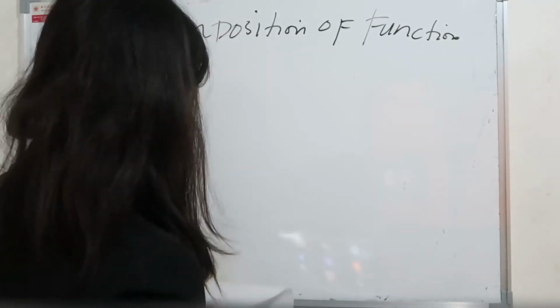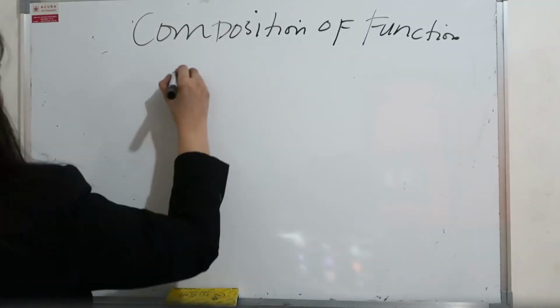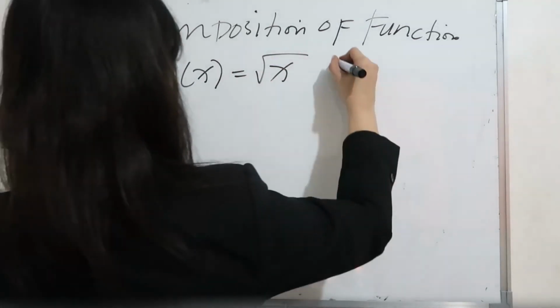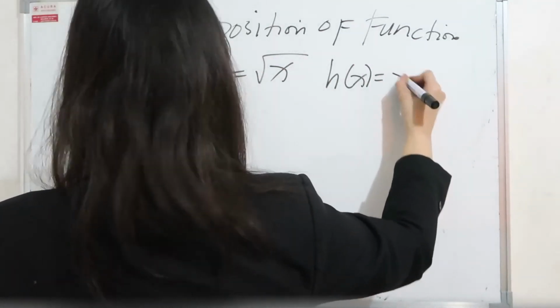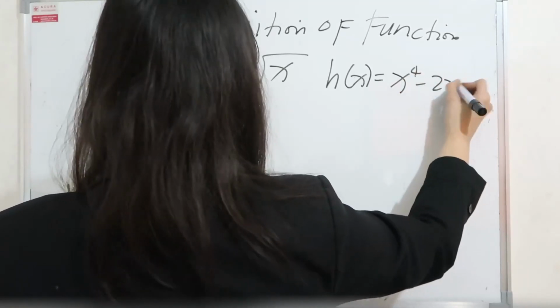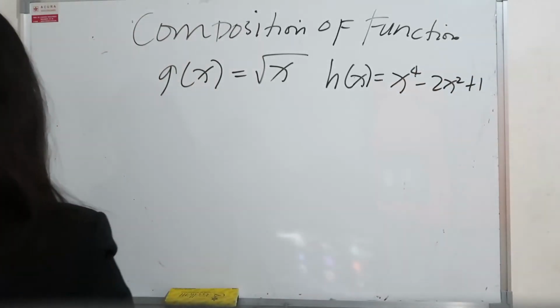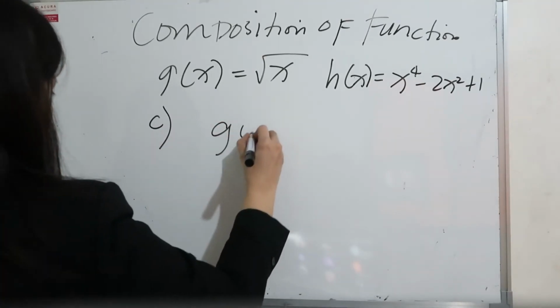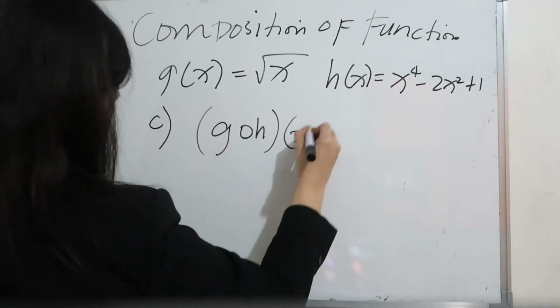Let's say the given example is g of x equals square root of x, and h of x equals x raised to 4 minus 2x squared plus 1. So look for g of h of x.